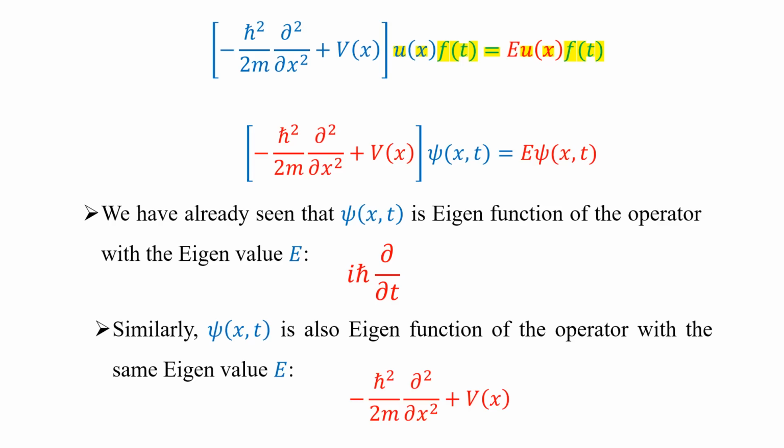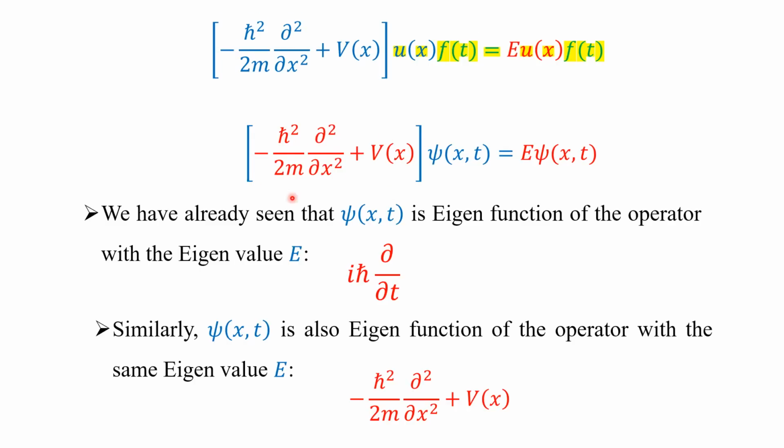As I said, u f of t, here on the right hand side, is the total wave function. I have replaced this by the total wave function psi of x and t. And the terms in the blue color bracket are nothing but your Hamiltonian operator.